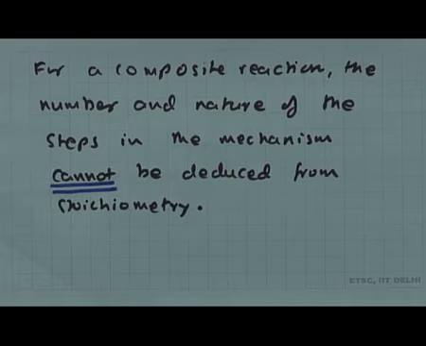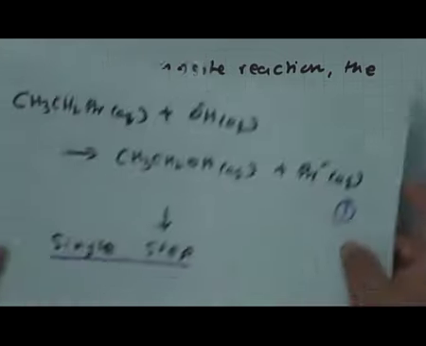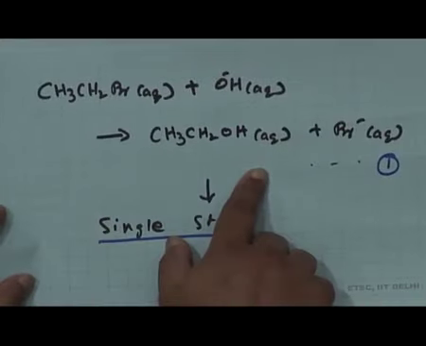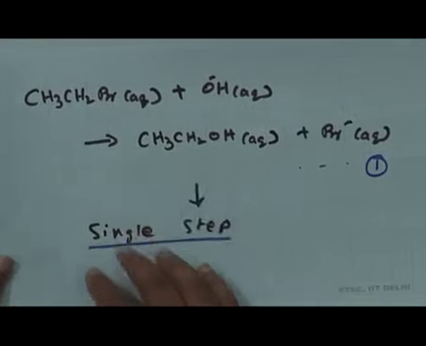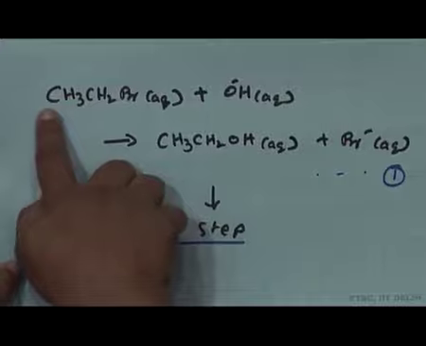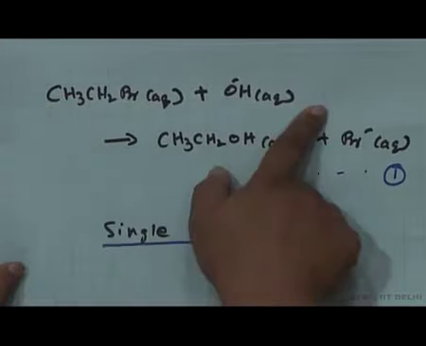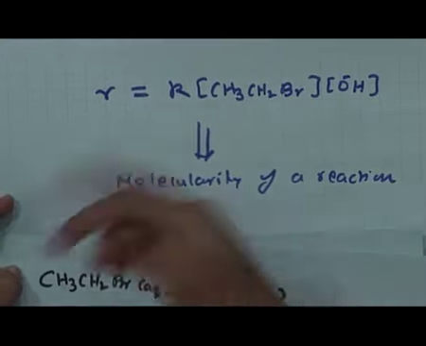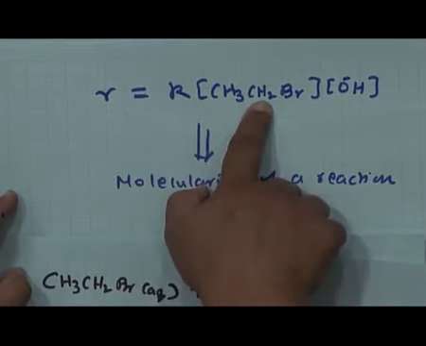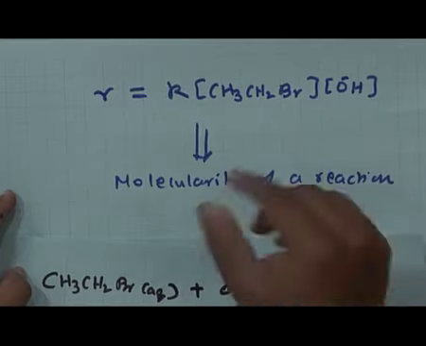So, let us go back again to the reaction we started with. Remember, this was the first reaction we started with, and we said that this is a single step elementary reaction. Look at the stoichiometry, one molecule of this, one molecule of this, and I said that the rate law, or the rate expression, can be written as k times the concentration of this times the concentration of the other reactant.